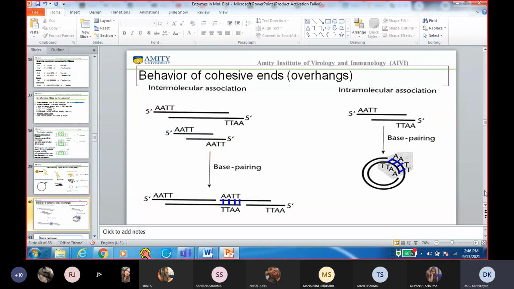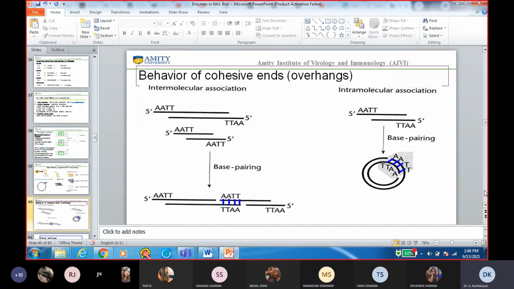So any idea what temperature we do a normal enzymatic reaction at? What is the temperature at which we carry out the enzymatic reaction? I'm just guessing, but is it 37 degrees Celsius? Yes, very good. 37 degrees.